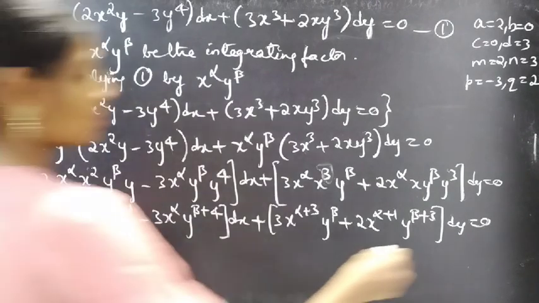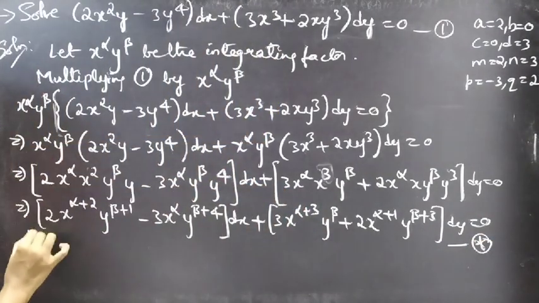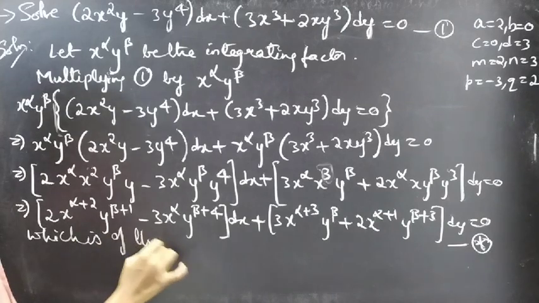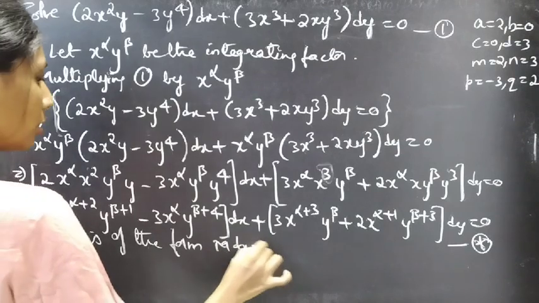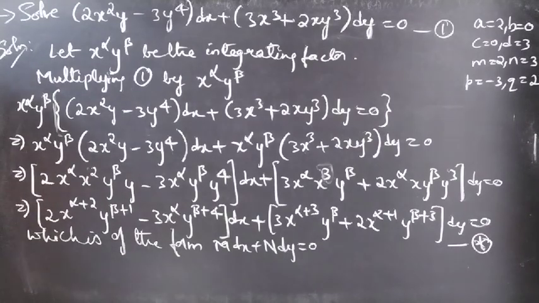Consider this as the equation asterisk, which is of the form M dx plus N dy equal to 0, or you can write it as M1 dx plus N1 dy equal to 0. Nothing is wrong in it.